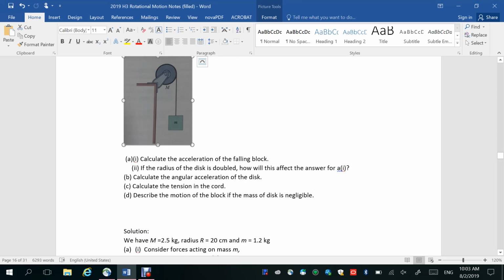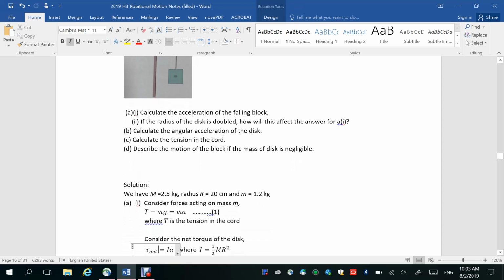For the block, you end up with mg minus tension equals to ma. So instead of equation 1, if I ignore the sign convention, that means I don't take anti-clockwise to be positive, then I will have mg minus tension T equals to ma. So this equation will be the other way around.